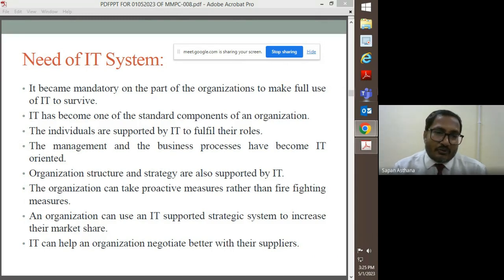As you all know, without IT, organizations are not worth much, and individuals are supported by IT to fulfill their roles. The management and the business processes have become IT oriented. Organization structure and strategy are also supported by IT.